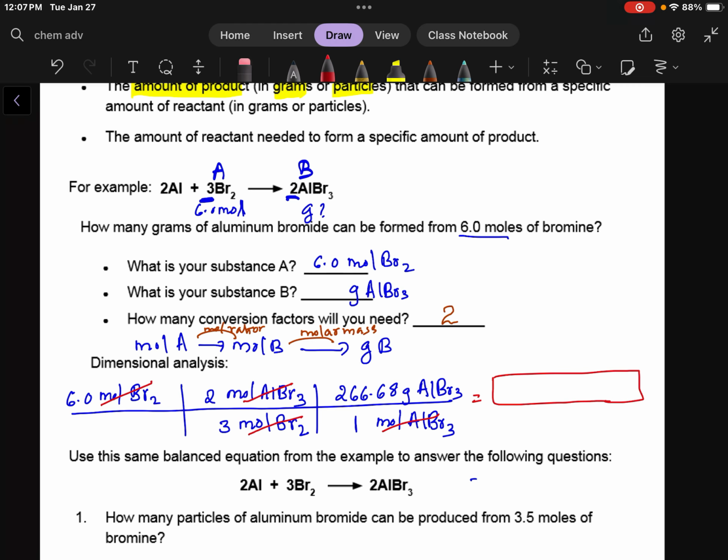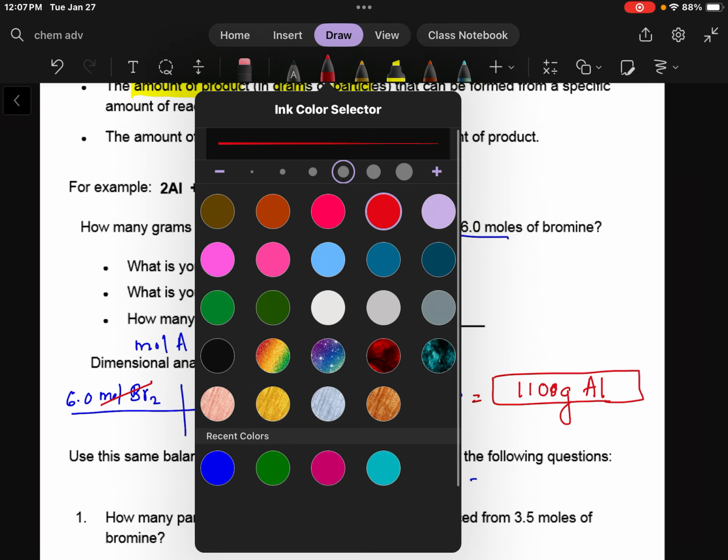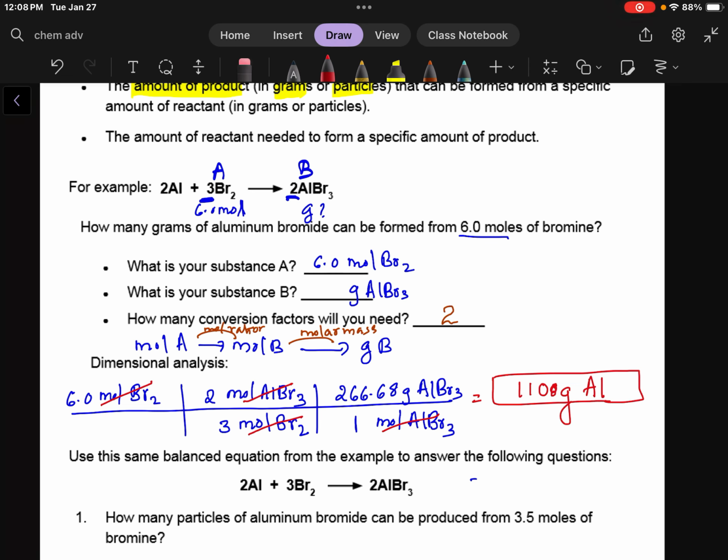You will get 1062 or something like that. You have to round that to 2 sig figs, so your answer is 1100 grams of aluminum bromide.